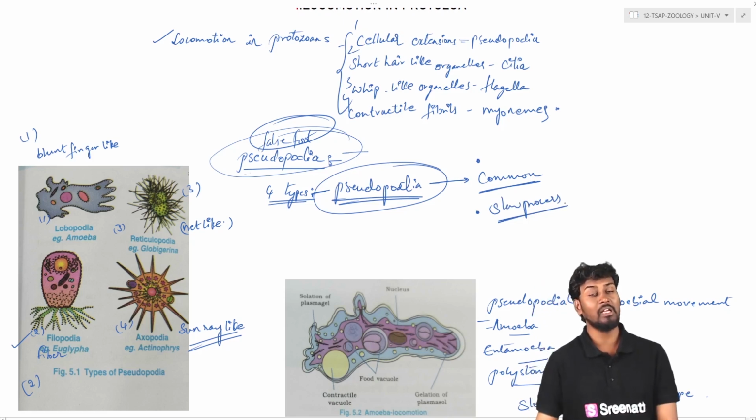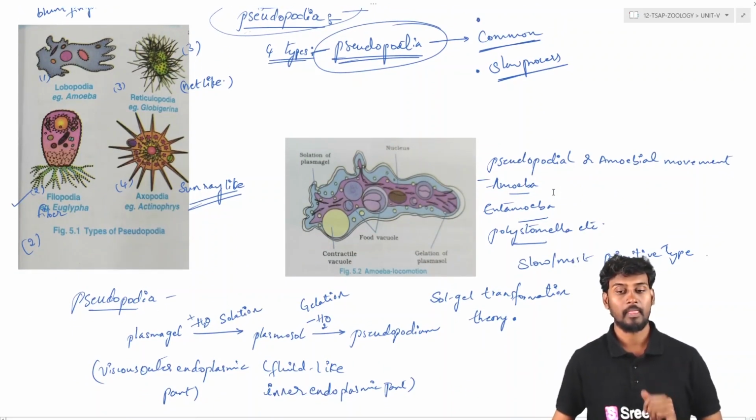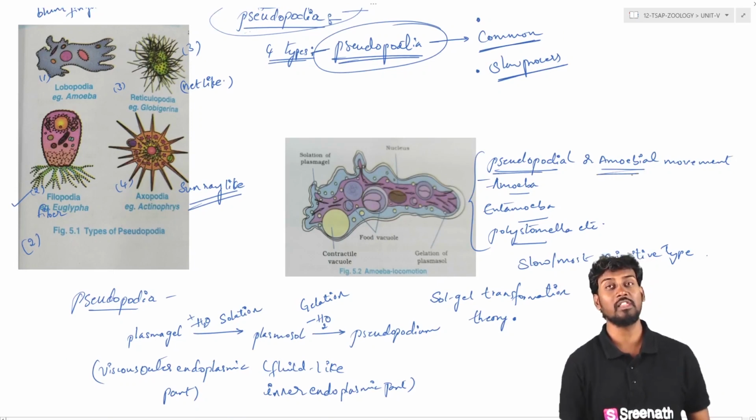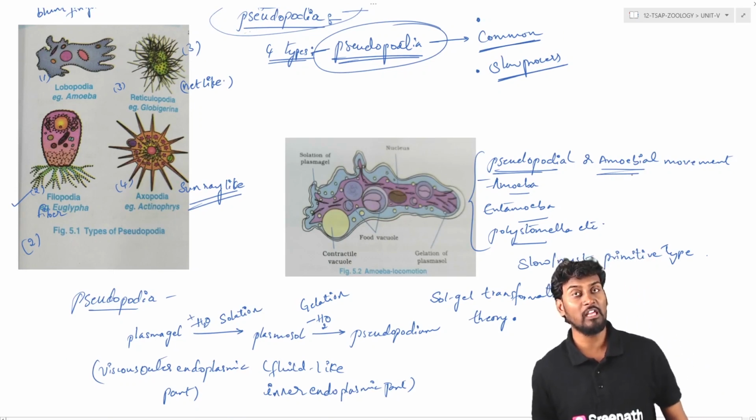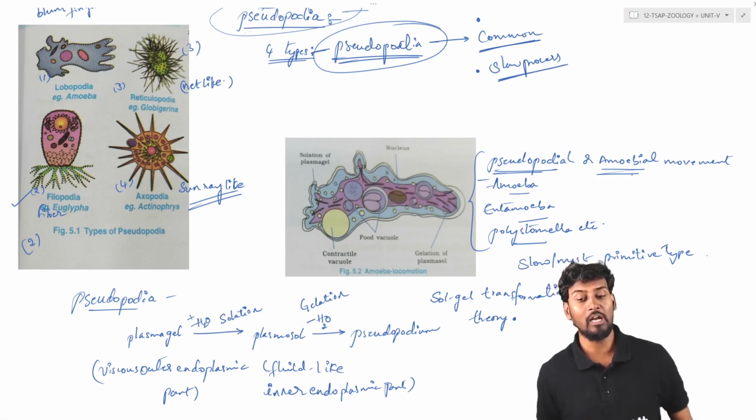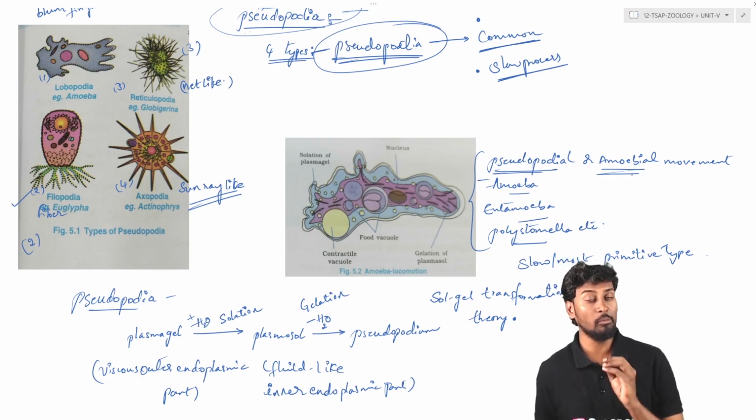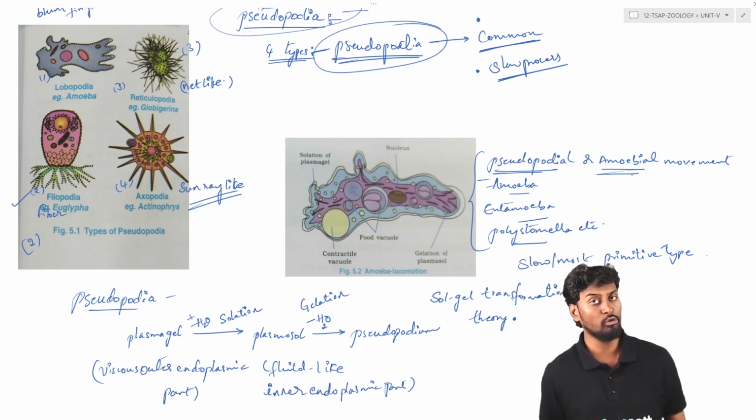So the extension that we commonly and very slowly observe, we can also call pseudopodia. For example, these pseudopodial extensions are called amoeboid movements, generally observed in organisms like amoeba, Entamoeba and other organisms. Pseudopodia is nothing but amoeboid movement, a very common and very slow process for the cell to grow, to move or show extension from one area to another.